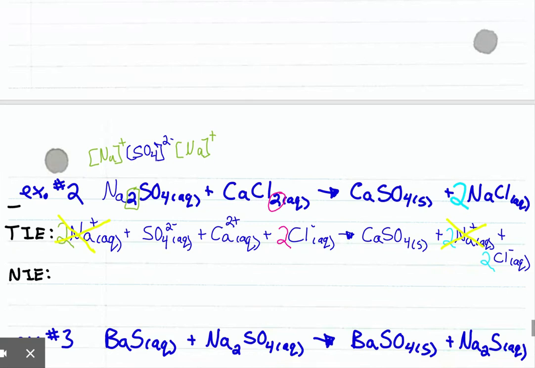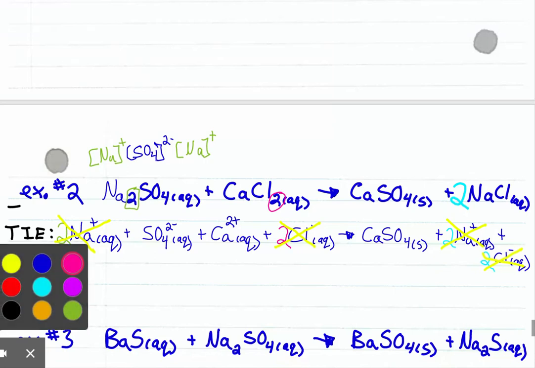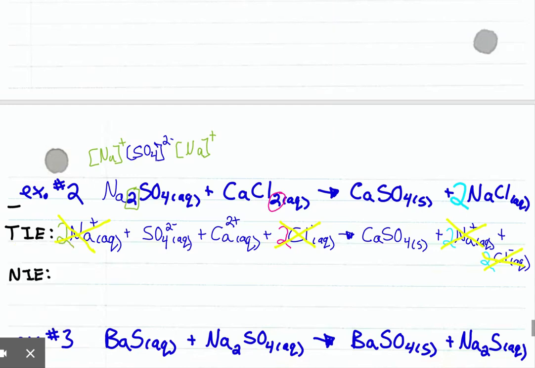I also have 2 chlorine ions in my reactants and 2 chlorine ions in my products. Another quick look is showing me that I've eliminated everything I can. And so what I have left is a sulfate and a calcium ion and a solid calcium sulfate.